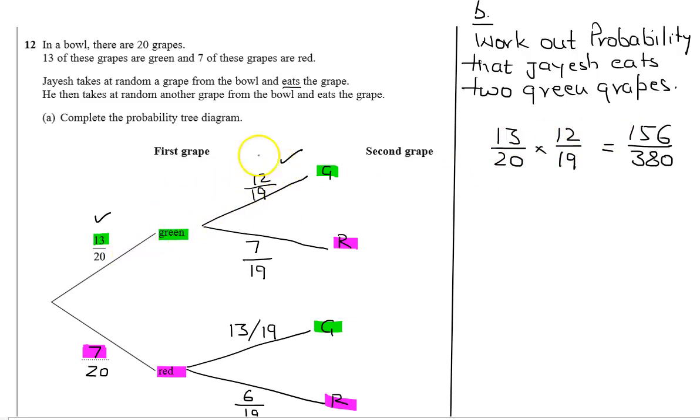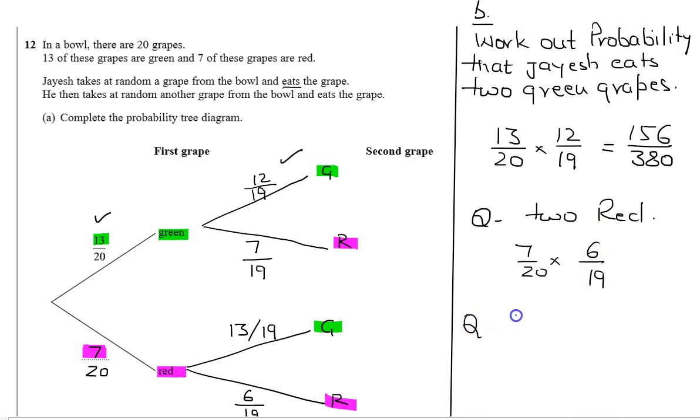If the question was to find the probability that Jayesh first eats green and then red, your probability would be 13 over 20 multiplied by 7 over 19. Now if the question had been that he eats 2 red grapes, it would have been 7 over 20 multiplied by 6 over 19.